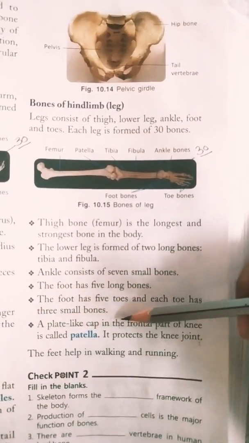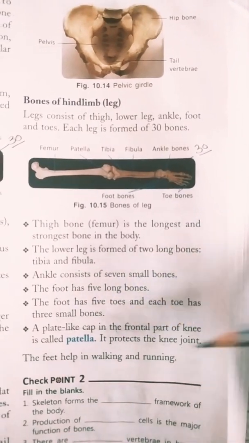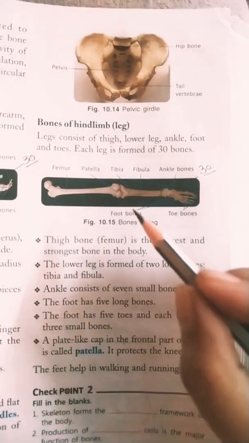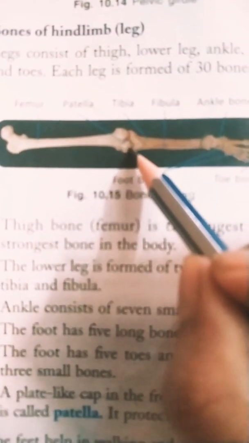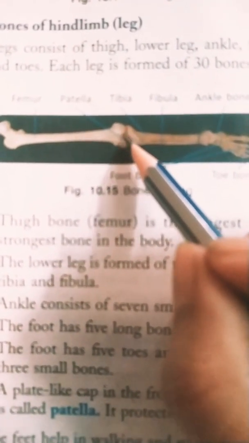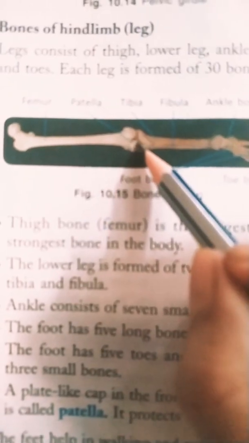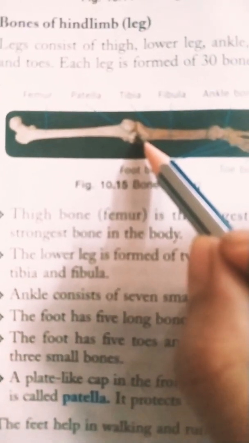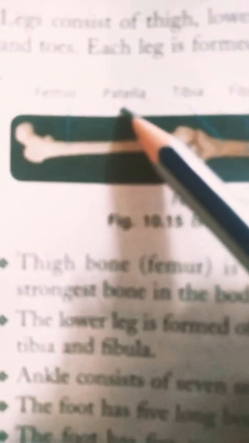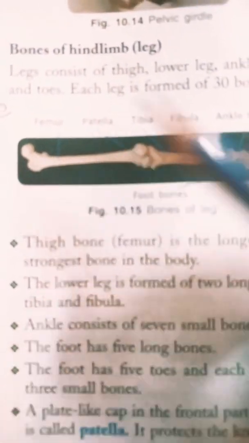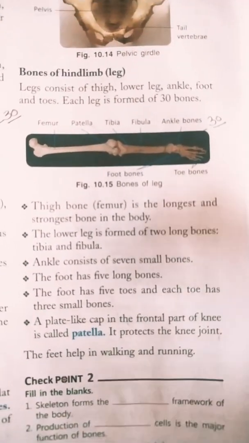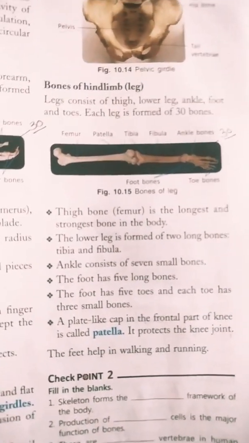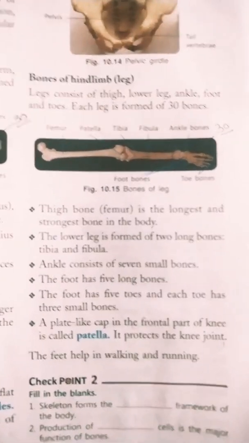A plate-like cap in the front part of the knee is called the patella. You can see this small ball-like, cap-like structure here, and it is called the patella. These leg bones help us in walking and running.